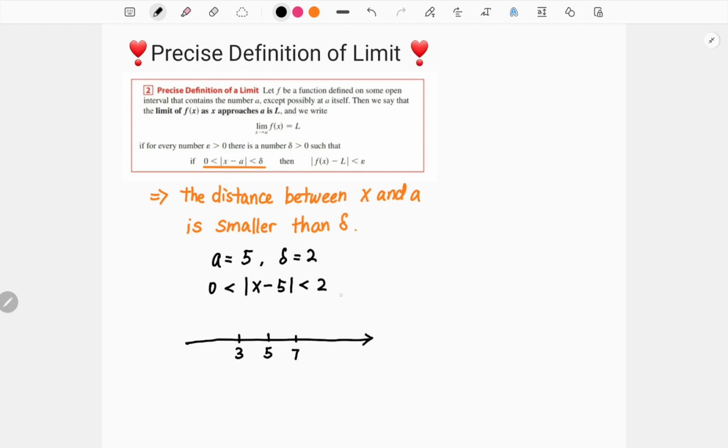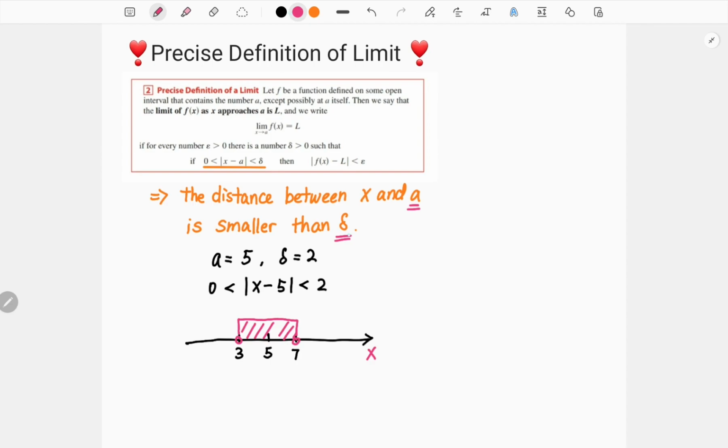This equation means my x value needs to be between 3 and 7. So it could be any number in between them. So that means the distance between x and a is smaller than delta. Your a and delta can be other numbers as well, but the concept remains the same.